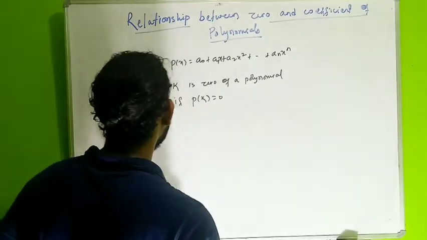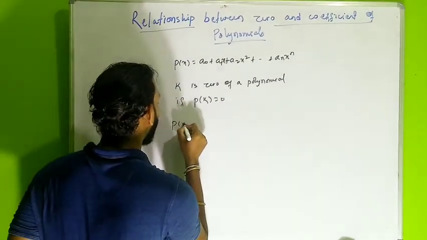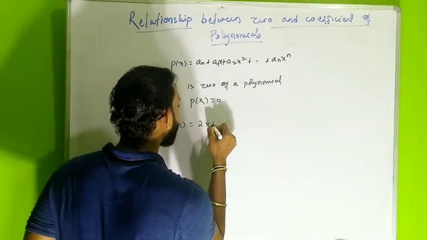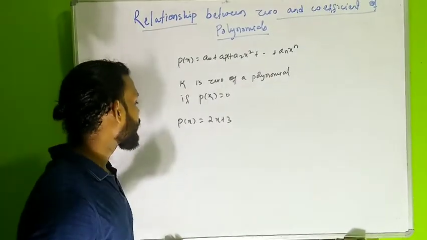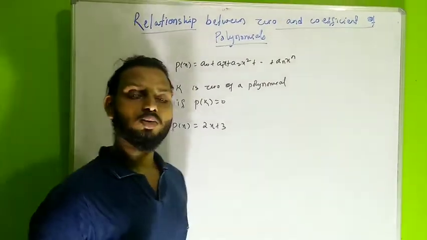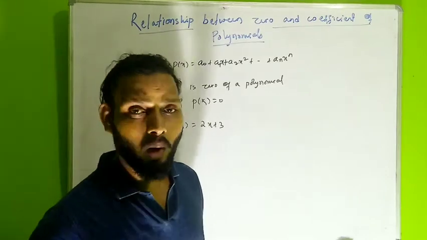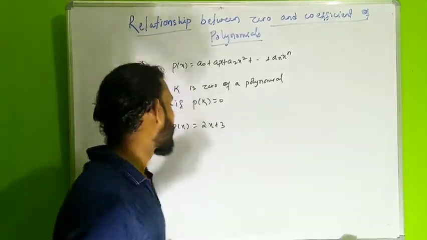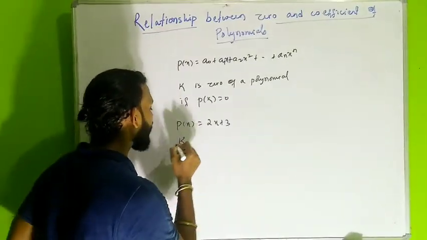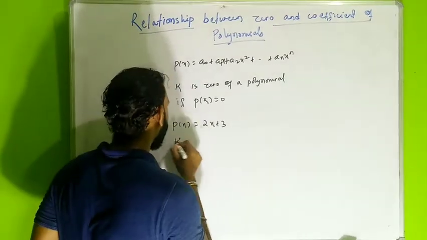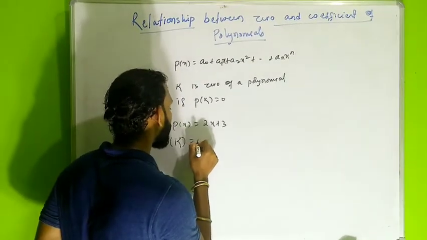So if I consider a linear polynomial, say p of x is equal to 2x plus 3, what will be the zero of this polynomial? Suppose k is the zero of this polynomial, then p of k must be equal to 0.